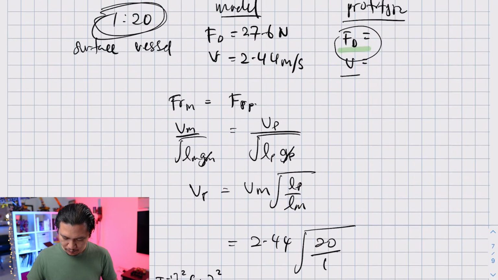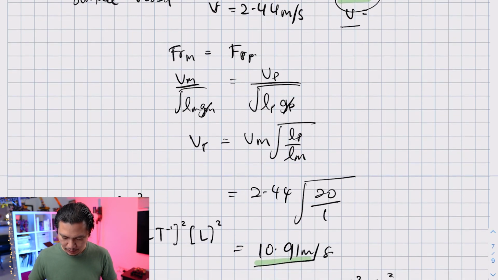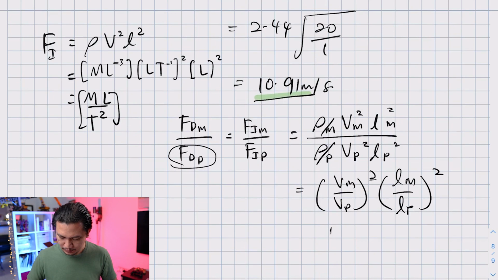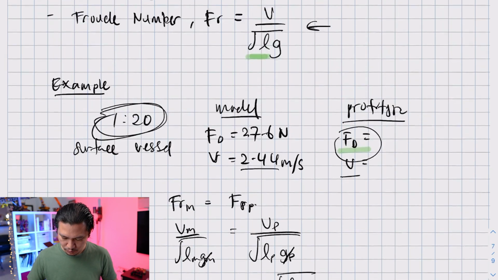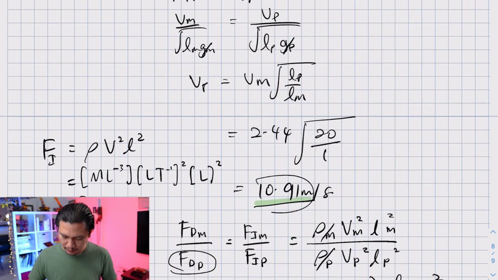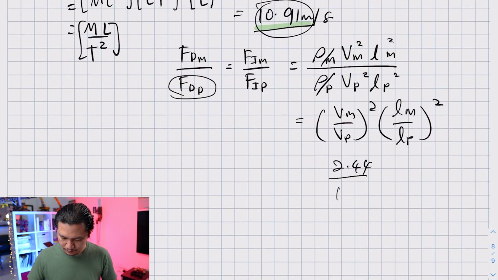And Vm over Vp is, I know that this is my Vp, I just calculated that. This is my Vm. So this is 2.44, is it correct? 2.44, yes, that's correct. 2.44 divided by 10.91 square.